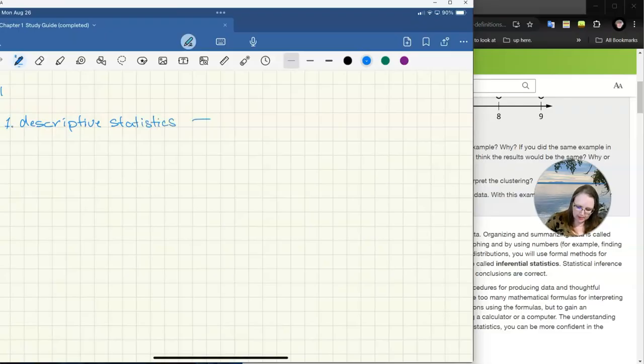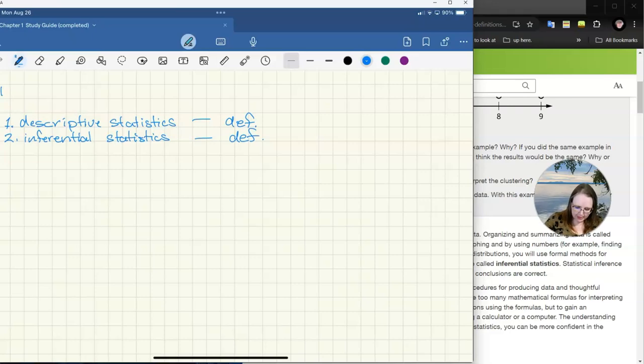So number 1 here, the definition and anything I want to write about it. Then I would do inferential statistics, and the definition, whatever I wanted to write about it.